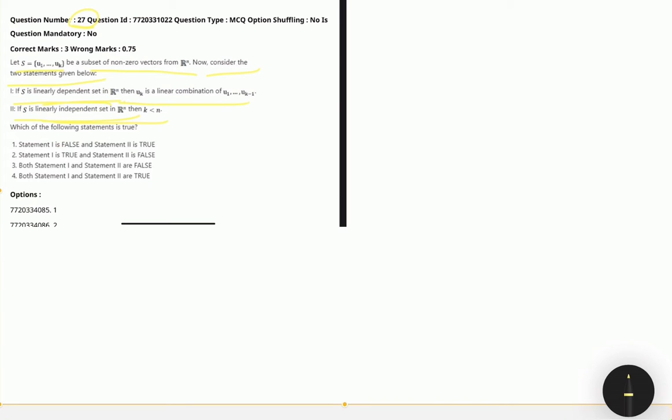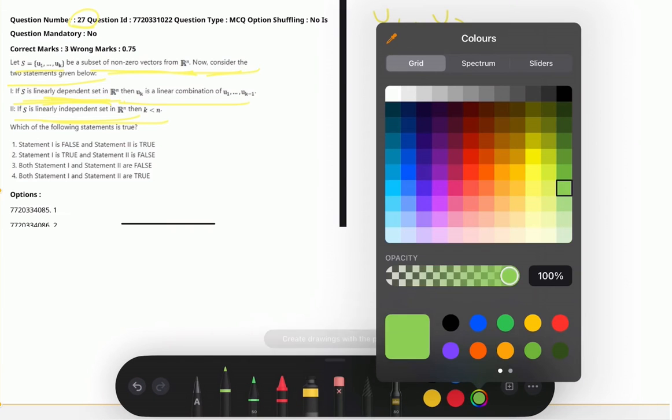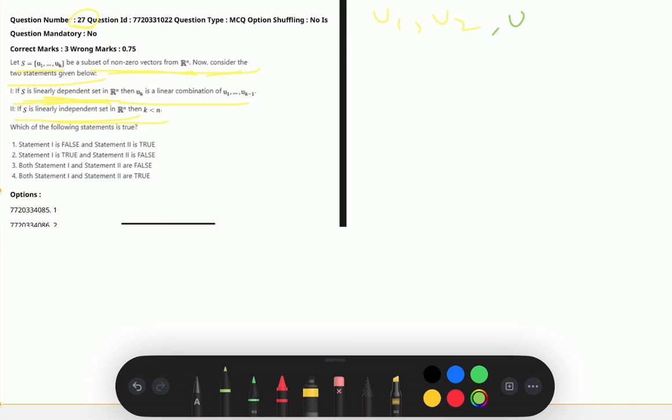So if we start solving it, we have that {u1, u2, ..., uk} is a subset of non-zero vectors from Rn. Now if S is linearly dependent, then clearly u1, u2, ..., uk is linearly dependent, right?